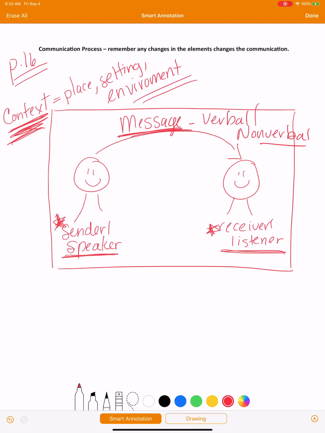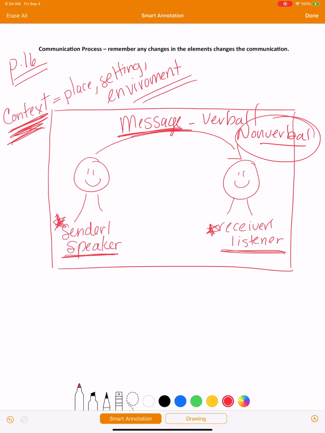For example, if you were supposed to meet me in the library, it has specific rules of being quiet. You can't be noisy and yell. So if you were coming into the library and I'm trying to message you that I'm over here, more than likely I'm going to quietly do some sort of nonverbal to engage your eyesight, but also to tell you to come over, which would be a gesture with the hands motioning you forward.